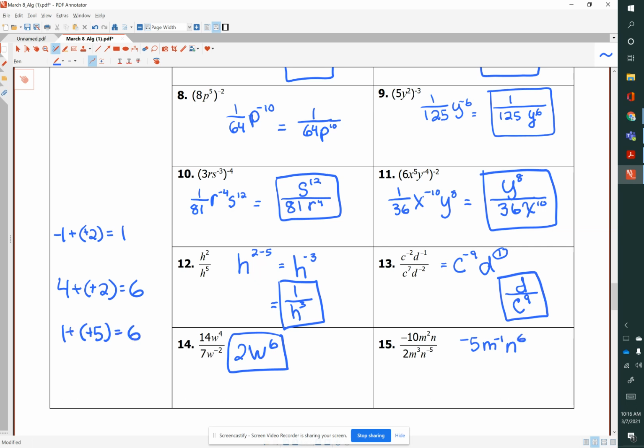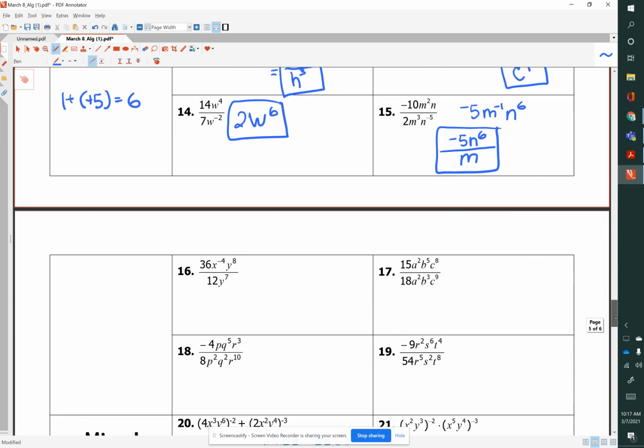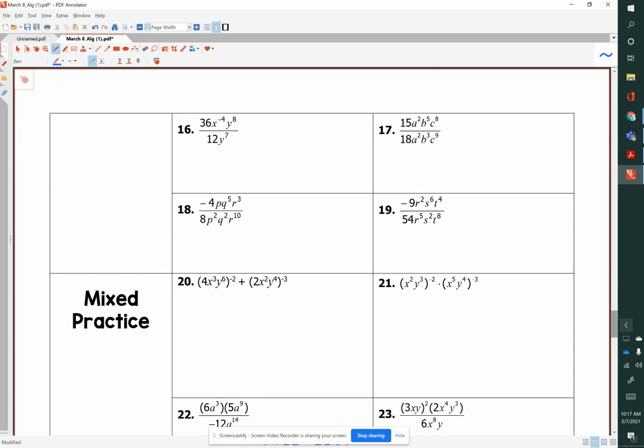So that's n to the 6th power, which we rewrite into the numerator of negative 5n to the 6th power and m in the denominator. Now that the 1 is positive, we can make it invisible. So it's okay to have an invisible 1 once we've made it positive. So try these next 4 on your own, and let's see how we do.